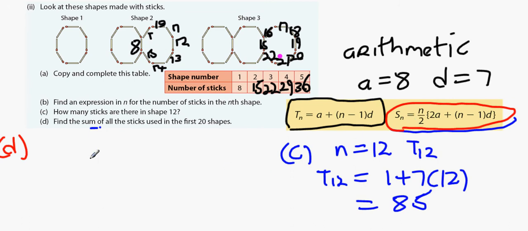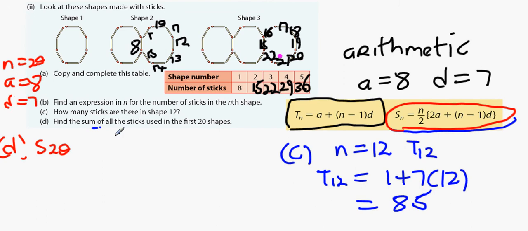So Sn basically means we've got to find out what S20 is. To find S20, we replace n with 20, A with 8, and D with 7.